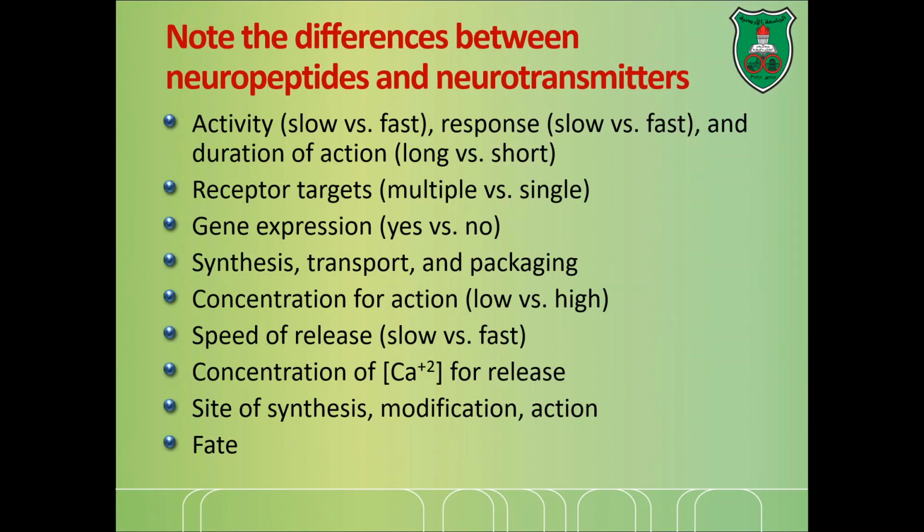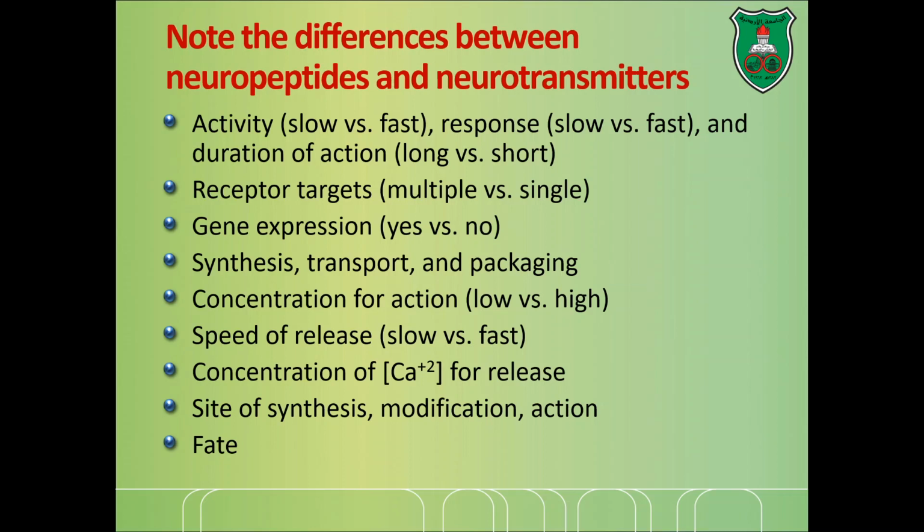So, we're getting to the conclusion of this lecture. I want you to know the differences between neuropeptides and neurotransmitters in terms of activity. The activity of small molecule neurotransmitters is fast. Neuropeptides, it is slow. In terms of response, again, slow in neuropeptides, fast for neurotransmitters.